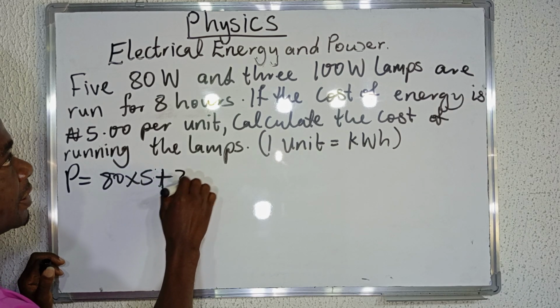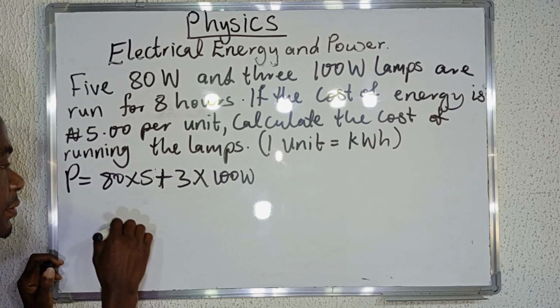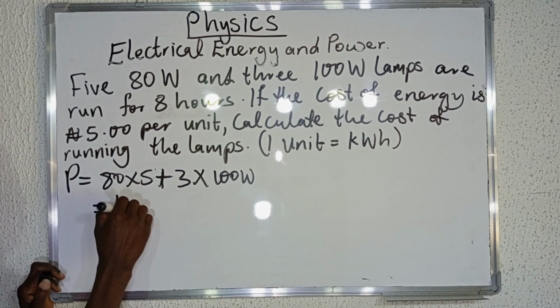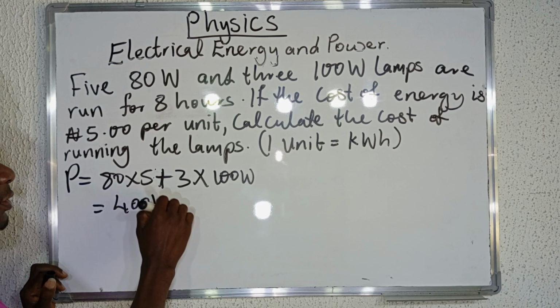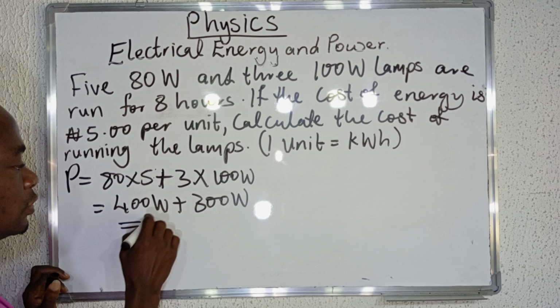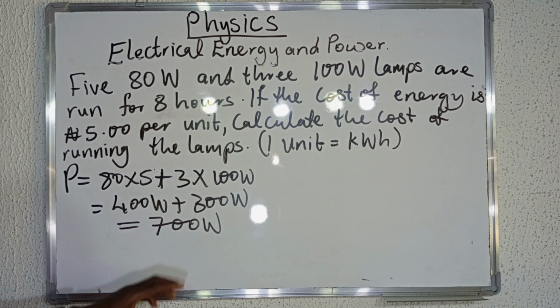This person has three bulbs, and each of them is 300 watts. Now the total power is 80 times 5, which is 400 watts, plus 300 watts. That will give us 700 watts. The power consumed by this circuit is 700 watts.